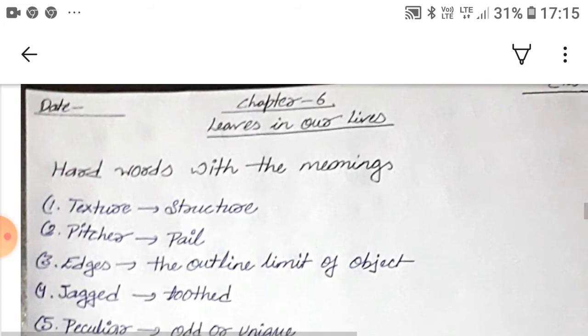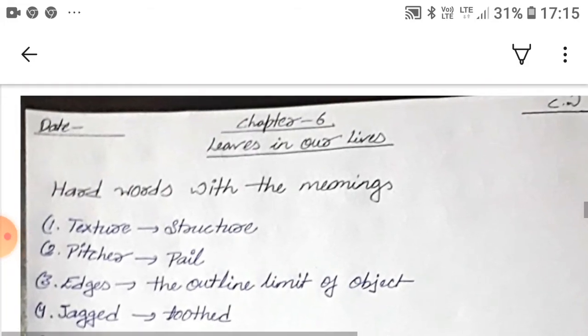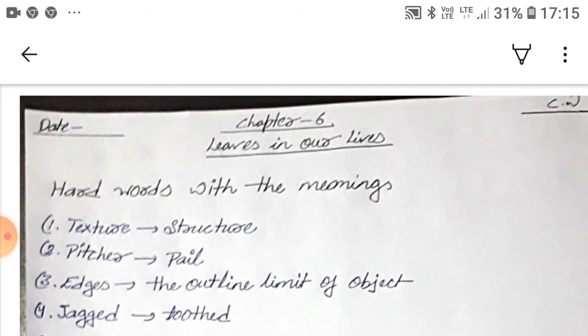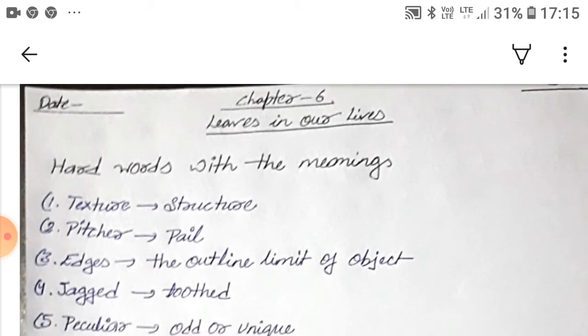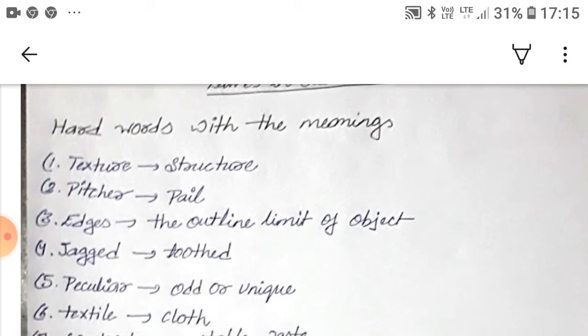So here you can see date, mention today's date, classwork, chapter number. So chapter number is 6. Name of the chapter is Leaves in Our Lives, hard words with the meanings.